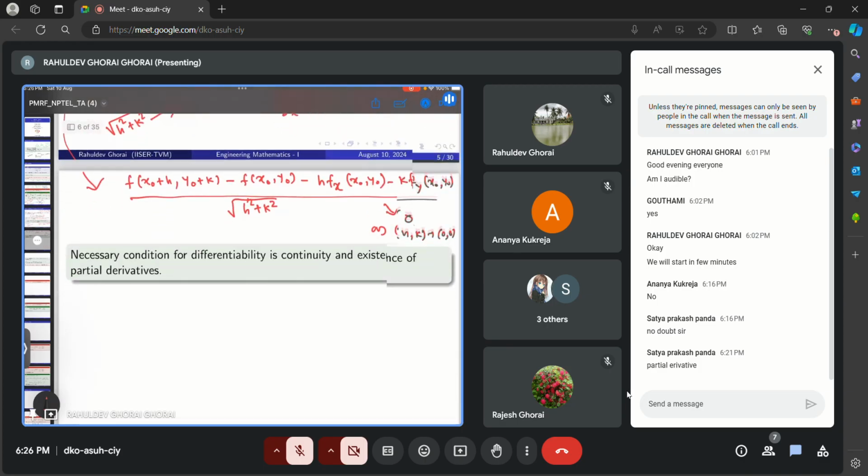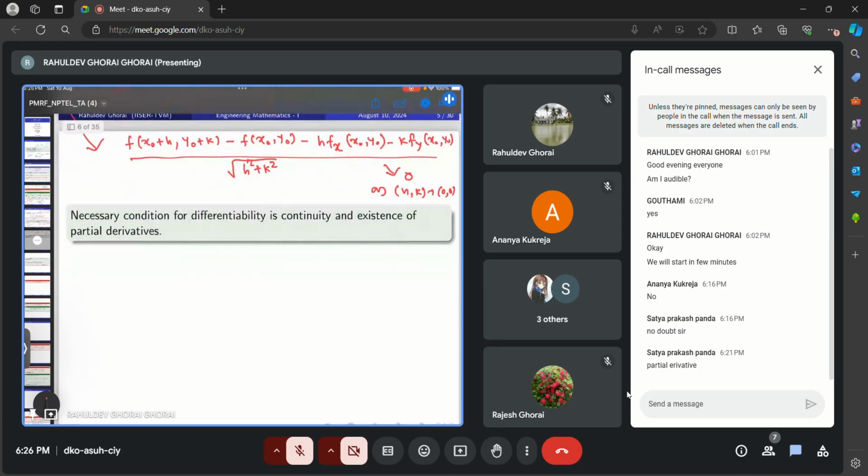So here the necessary condition for differentiability is continuity and the existence of partial derivatives, both derivatives fx and fy for the two variable function.